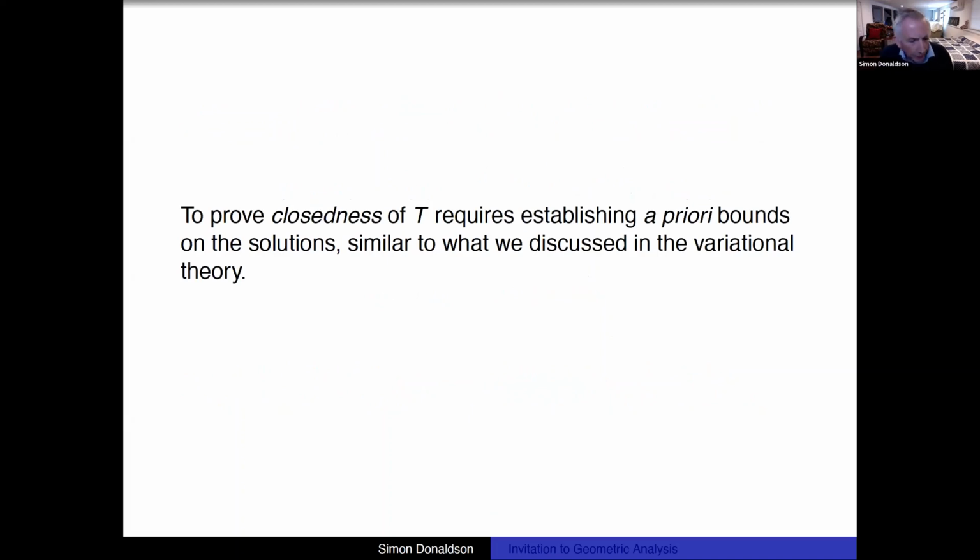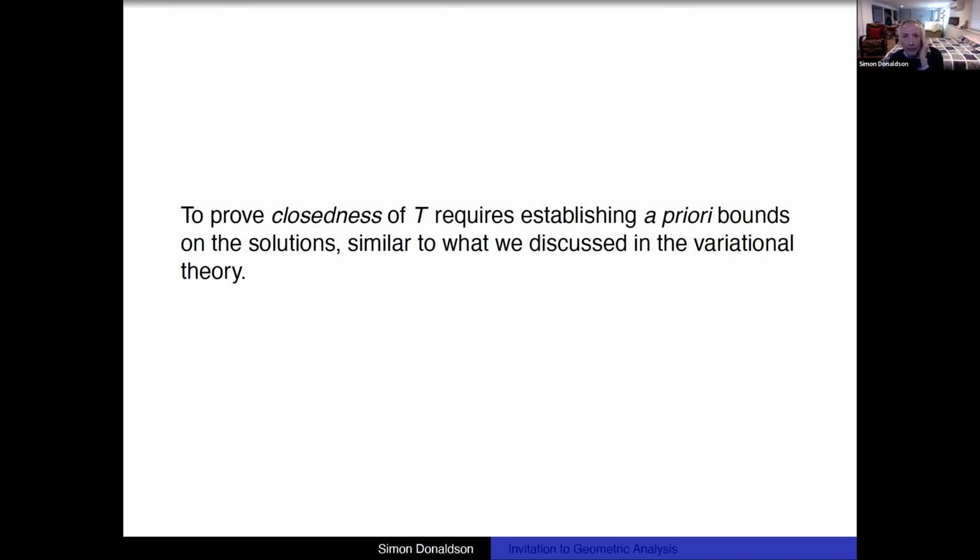But then the other side of the coin is to prove closedness of our set, and that means we have to establish what are called a priori bounds on the solution. At this point we maybe don't know that solutions exist, but what we say is: supposing for some parameter value the solution exists, can we get bounds on its derivative?